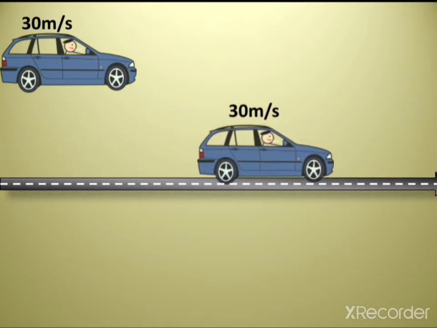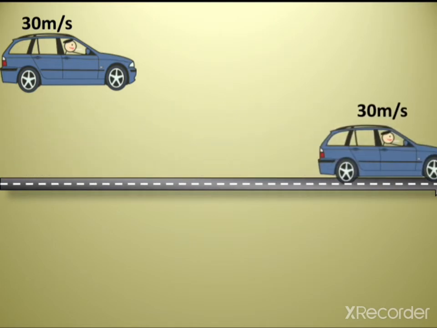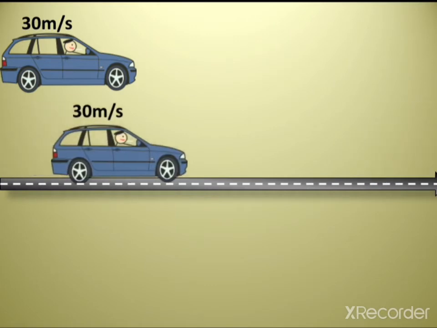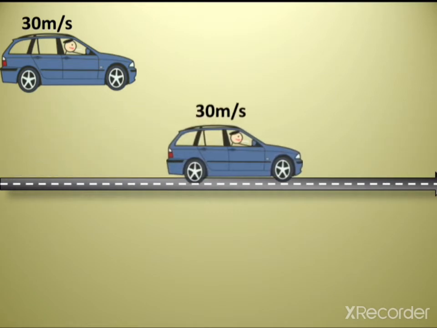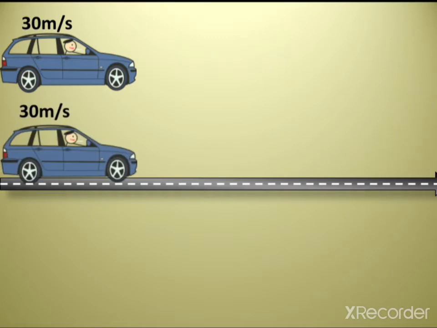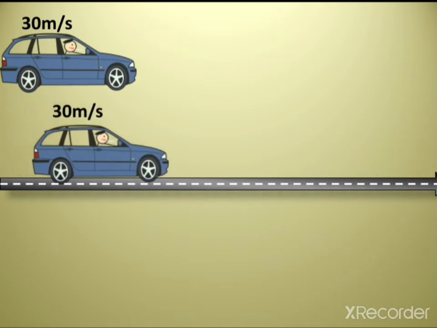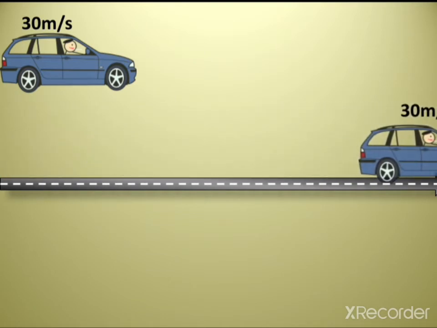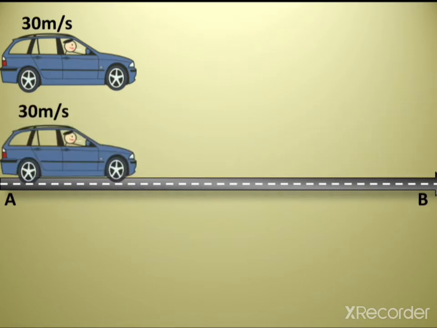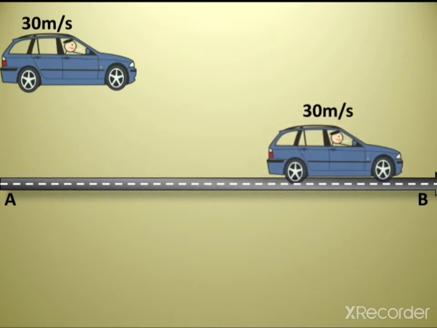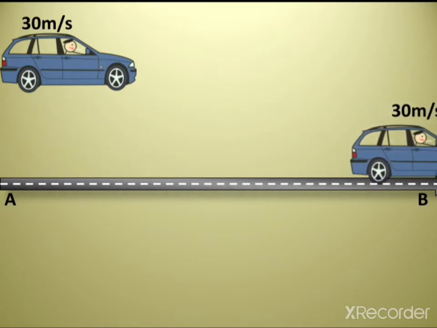Now, another quantity, distance. Distance is another physical quantity in the case of a moving body. And what is distance? The path length covered by a moving body during its motion. This path length is called distance. So suppose the car is moving from this point to this point. That means during the motion of the car, the car has covered this length AB.